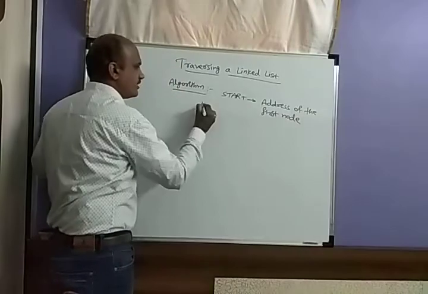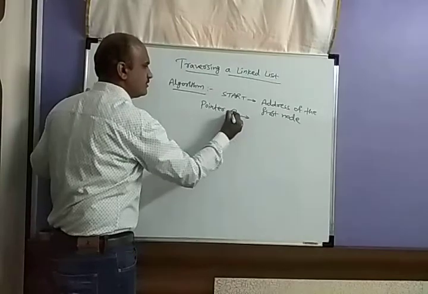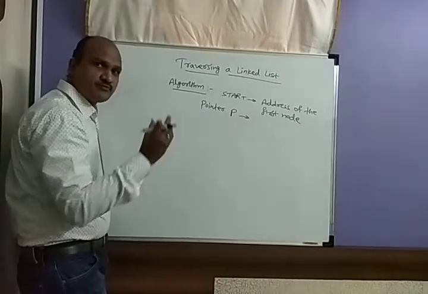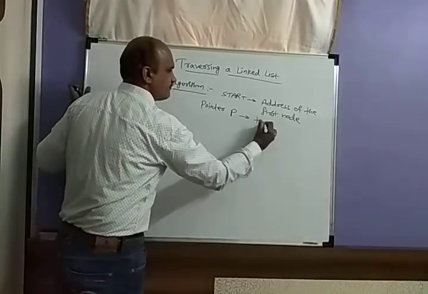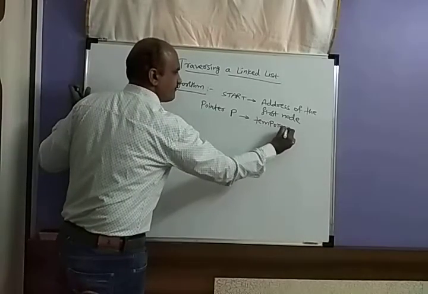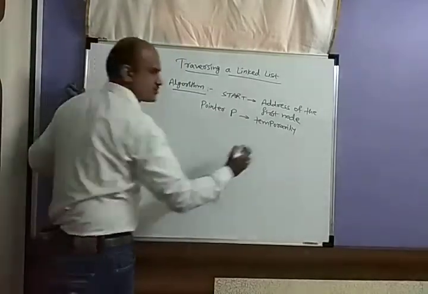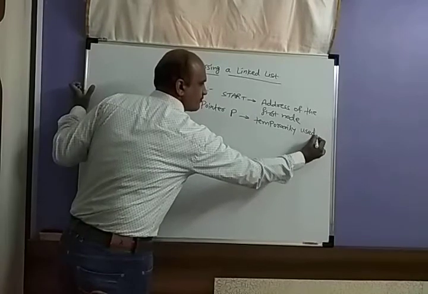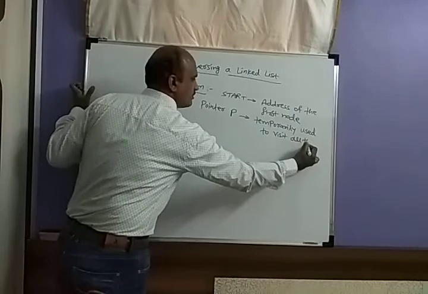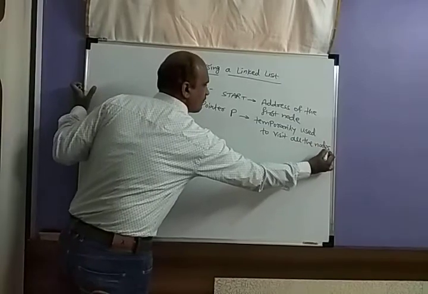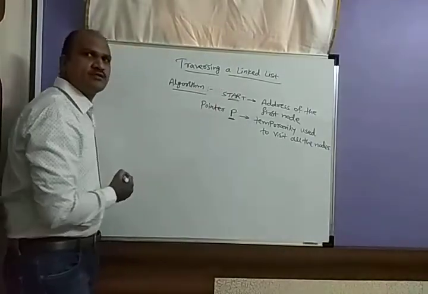Then we require another pointer P. We require one pointer P, which is used temporarily, just temporarily used to visit all the nodes. That is pointer P. Another one is start.